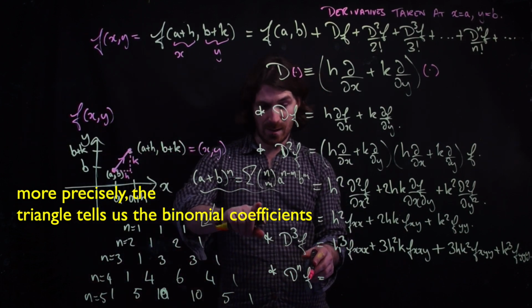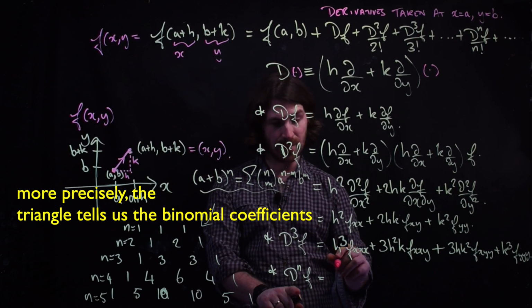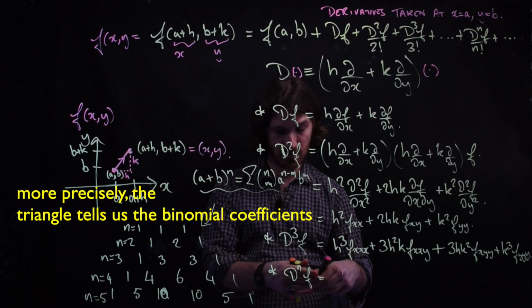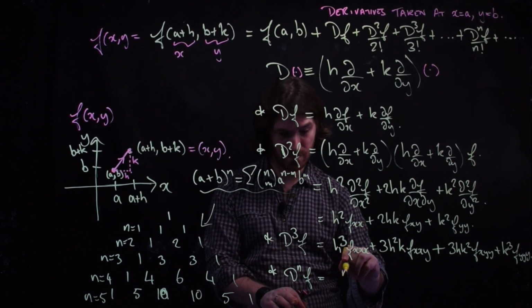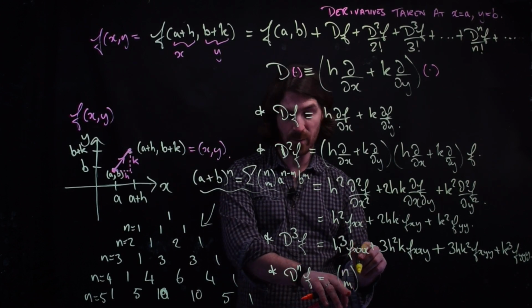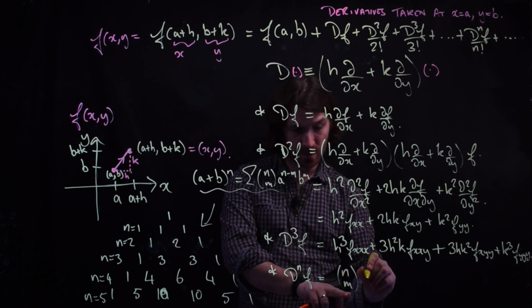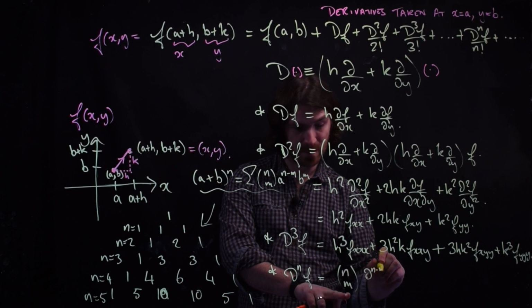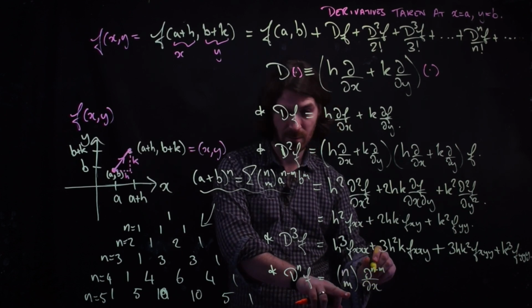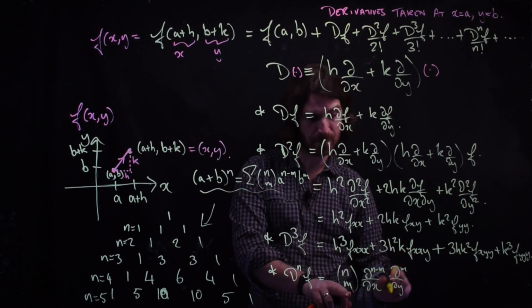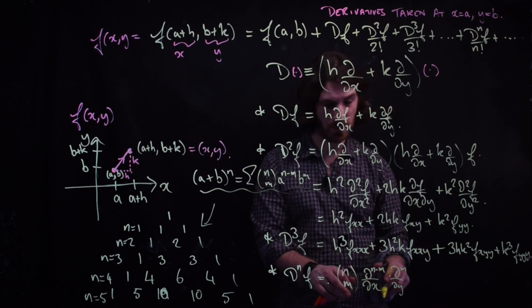So dnf will be the sum of n choose m, the binomial coefficient, and then a to the n minus m will be d by dx to the n minus m, d by dy to the m, acting on f.